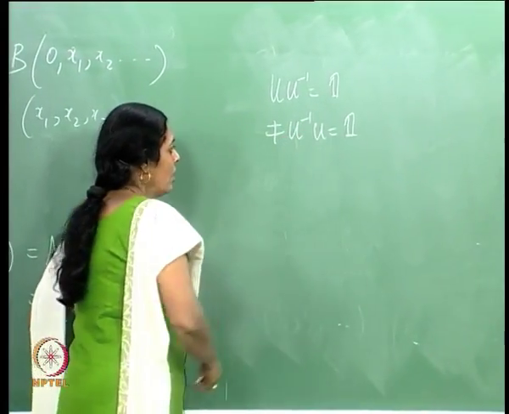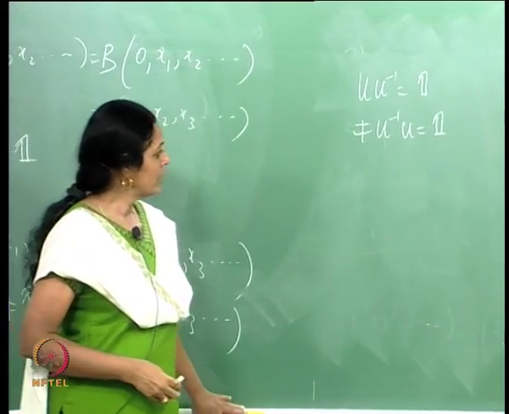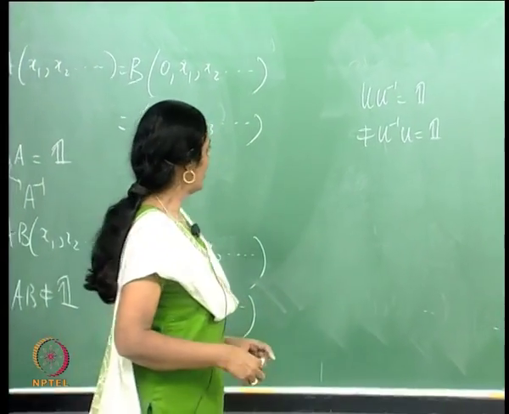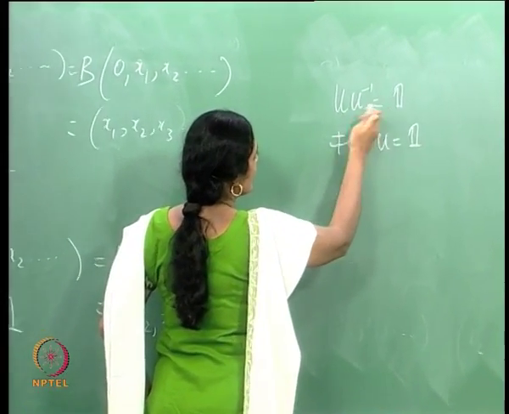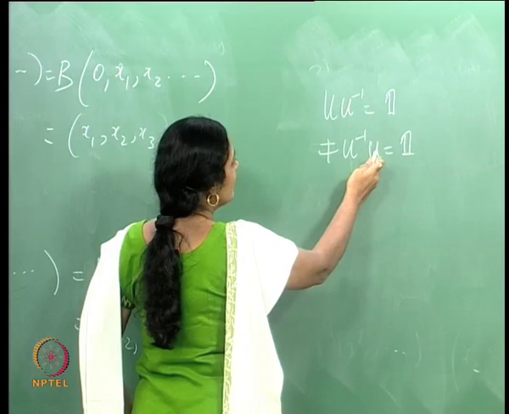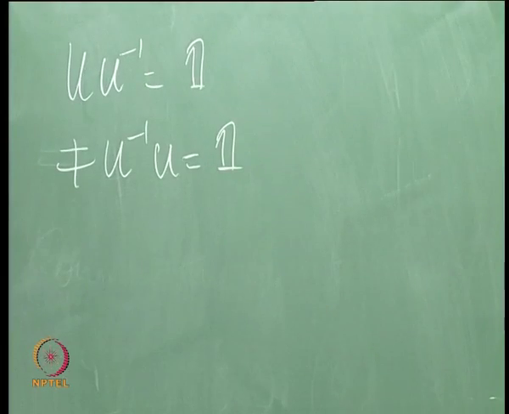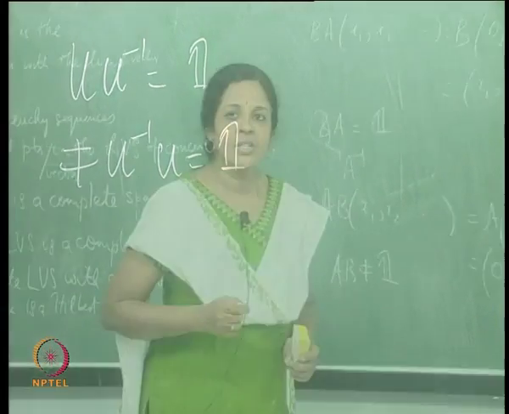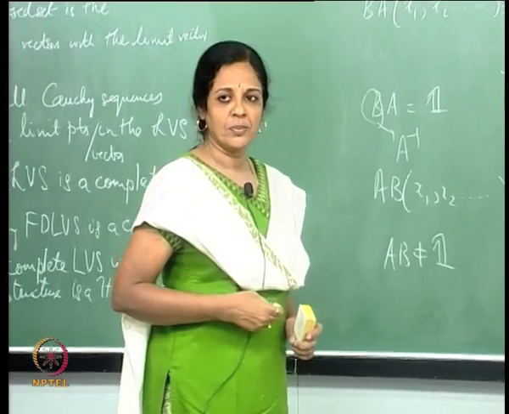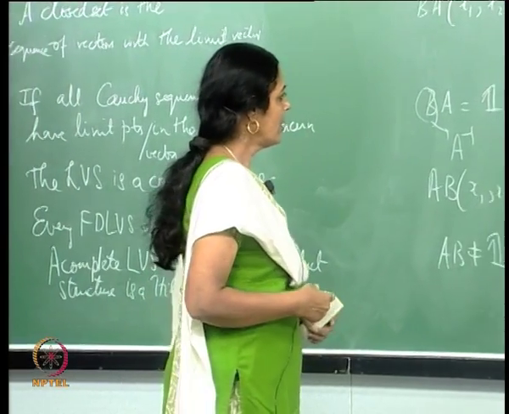So on for orthogonal matrices and so on. The fact that one condition is satisfied does not mean the other, and you have to check for it independently, separately. So these are some of the differences that you see between infinite dimensional and finite dimensional linear vector spaces.